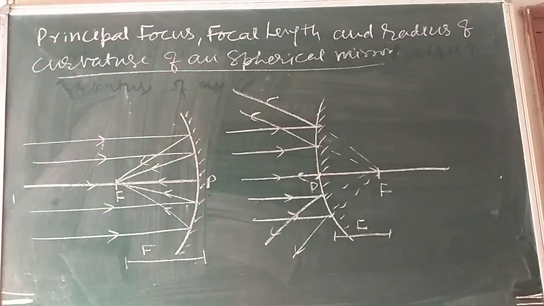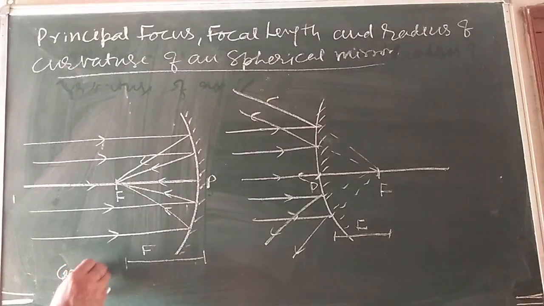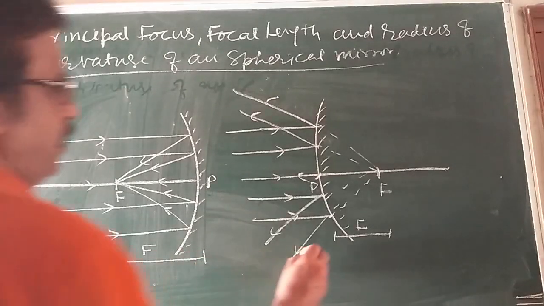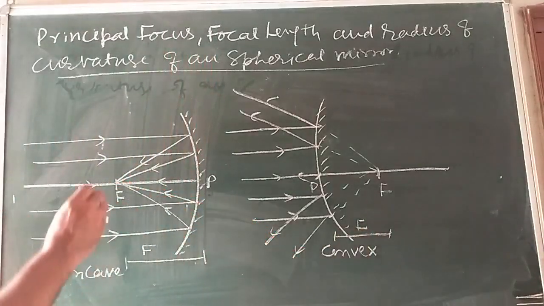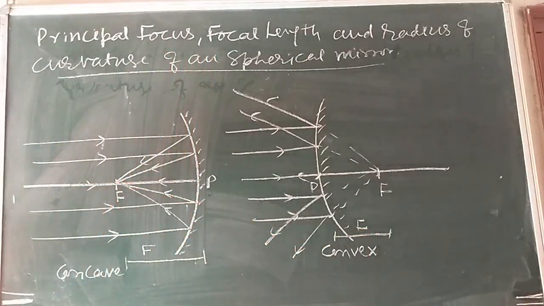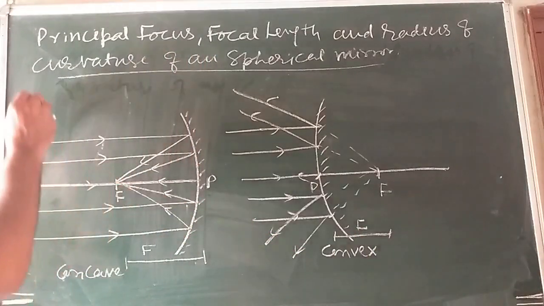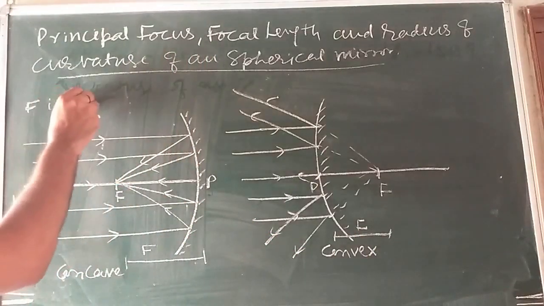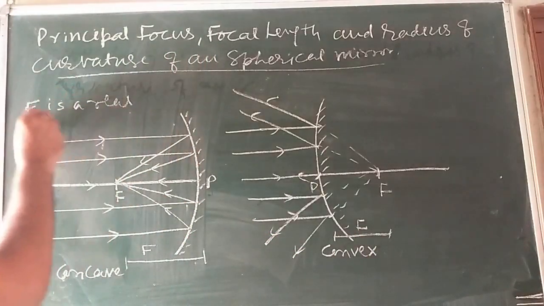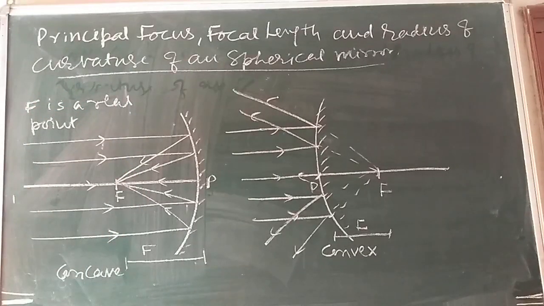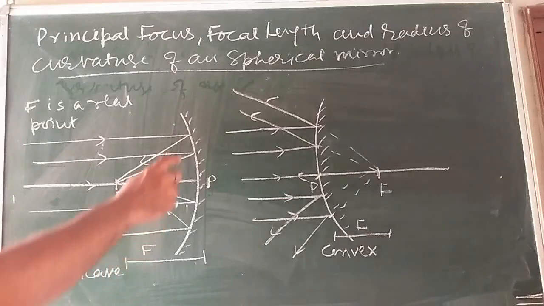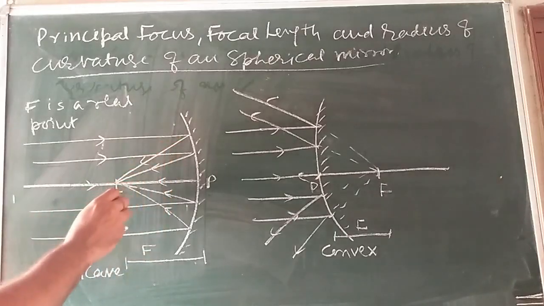We can see in both the diagrams, here is a case for a concave mirror and here is a case for a convex mirror. In case of a concave mirror, F is a real point, which we can see where the rays after reflection actually meet.